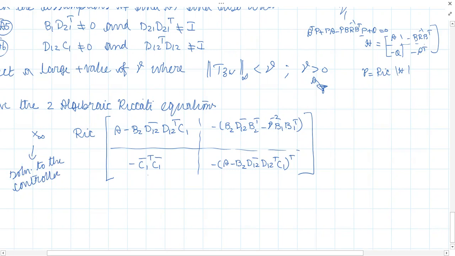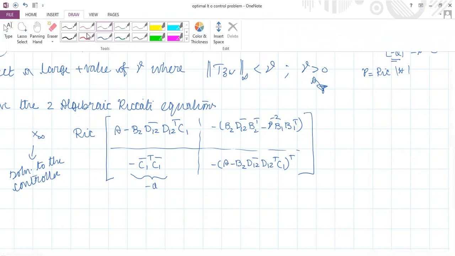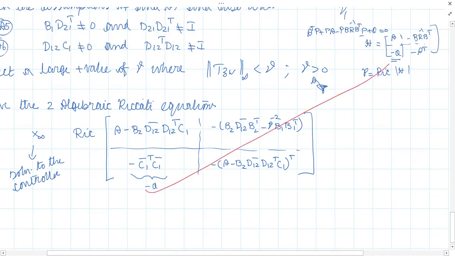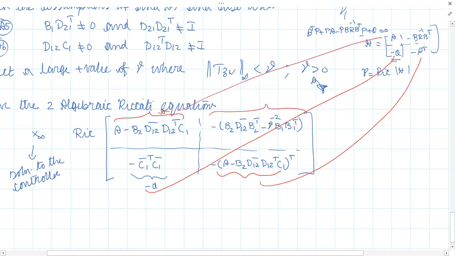Let me finish this. You can see this is somewhat similar to our Q matrix, minus Q. This is similar to our this part, and this is similar to our minus A transpose part. This is similar to our A from this, and this is similar to our minus B R inverse B transpose part.